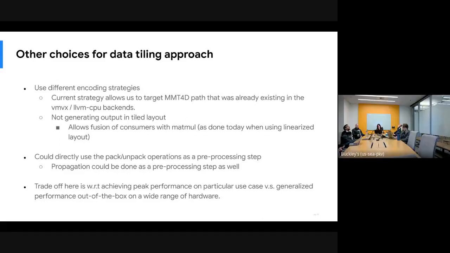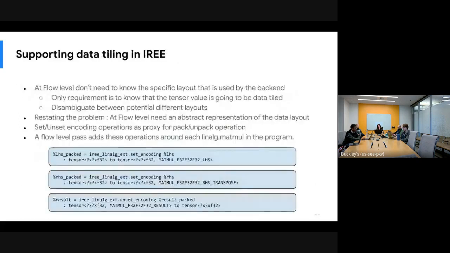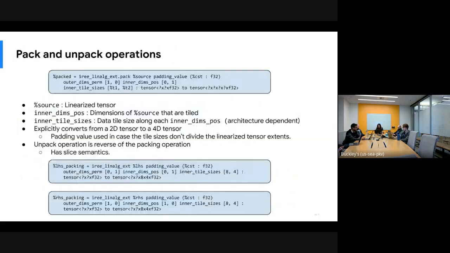I'm not sure I know what the question is, because it basically is... Let me go back to the backup. There's not much different here. The difference would be the values you use for the outer dims permutation and all the different things listed here.